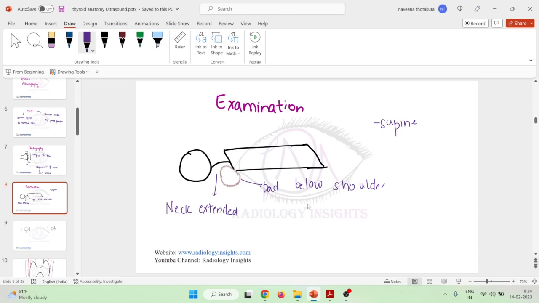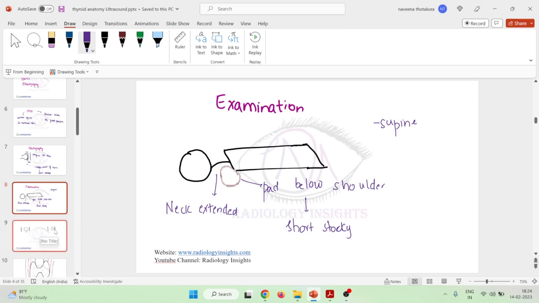Keeping a pad below the shoulders is not done in all persons. It is mainly important in patients who are short and stocky, that means short and fat. In them, in order to get better exposure of the thyroid gland, we can use a pad below the shoulder.